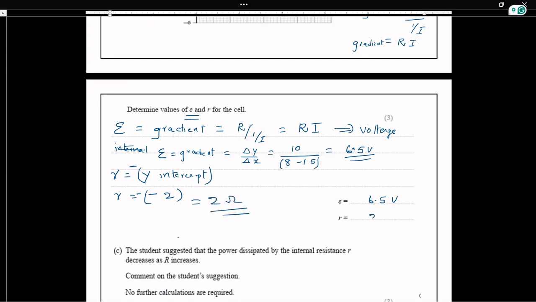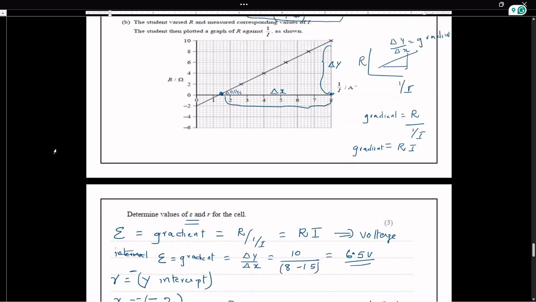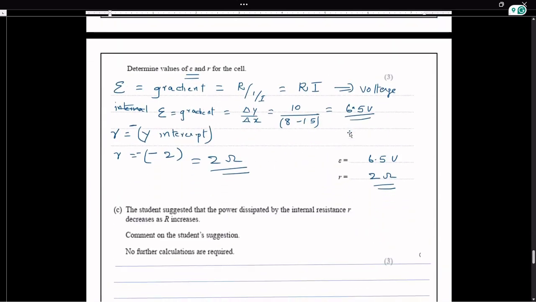So I am getting the internal resistance as 2 ohms. The y-intercept here is negative 2. So internal resistance is 2 ohms.